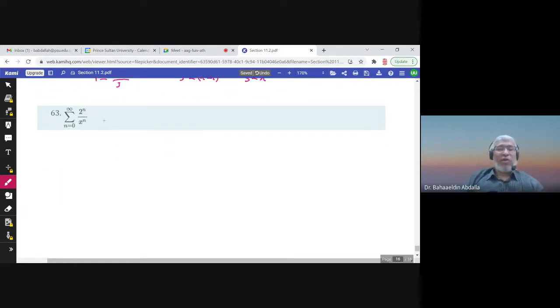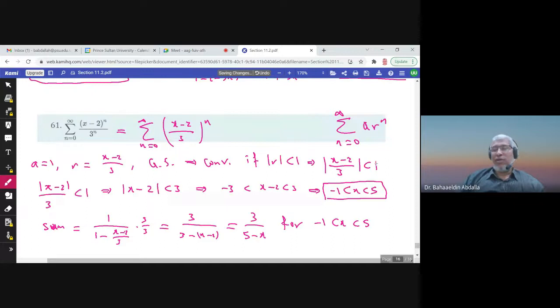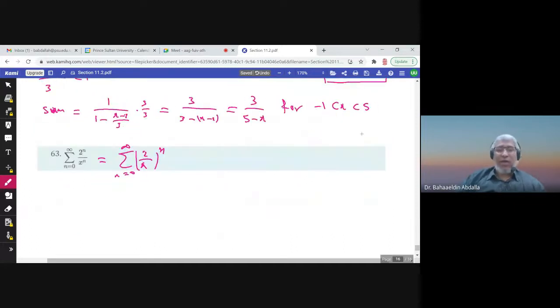Here also I will write it as the summation of 2 over x, all to the power n, from 0 to infinity. So by comparing to the form summation of a r^n, I find that a is 1 and r is 2 over x.